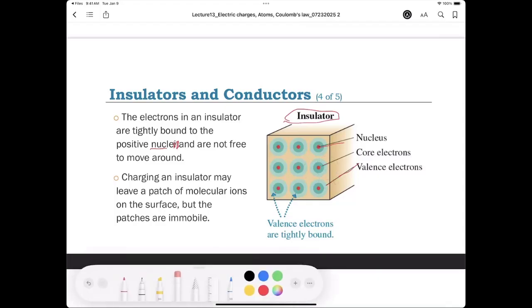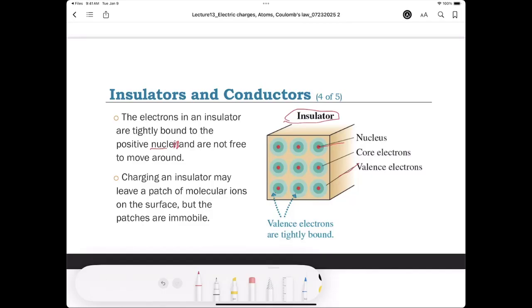The electrons in an insulator are tightly bound to the positive nucleus and are not free to move around. Charging an insulator may leave a pattern of molecular ions on the surface, but the patches are immobile.